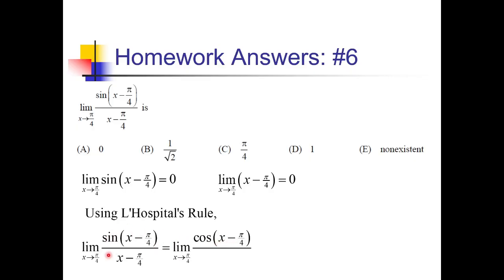And the derivative of the denominator, that's just going to be 1, which is kind of nice. So if I plug in pi over 4 again, I'll no longer have 0 over 0. I'll have something over 1. We're going to end up with, let's see, cosine of 0. Cosine of 0 up here is just 1. So 1 over 1 is going to give us just 1, which is choice D.